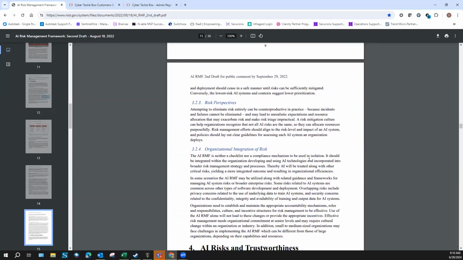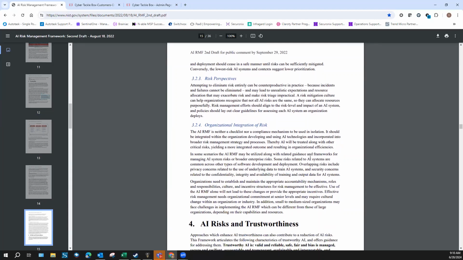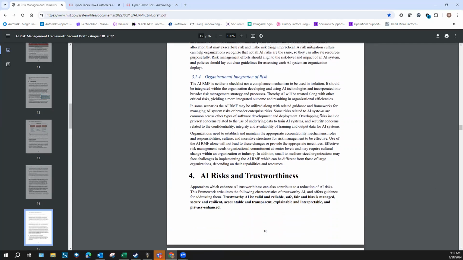Risk perspectives, basically, what your approach is to what your risk is going to be, your organizational integration of risk. So like I said, what is your organization willing to tolerate, operationally, in your environment.